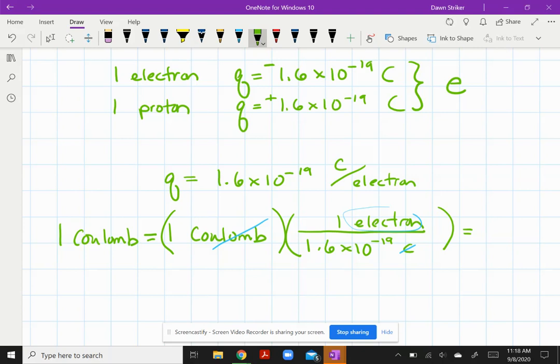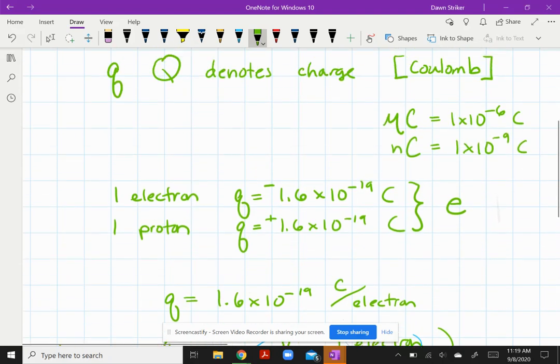Go ahead and do that on your calculator: 1 divided by 1.6 times 10 to the negative 19. It's a huge number. A huge number of electrons make up 1 coulomb of charge. 6.25 times 10 to some big number. So a coulomb is a lot of charge.